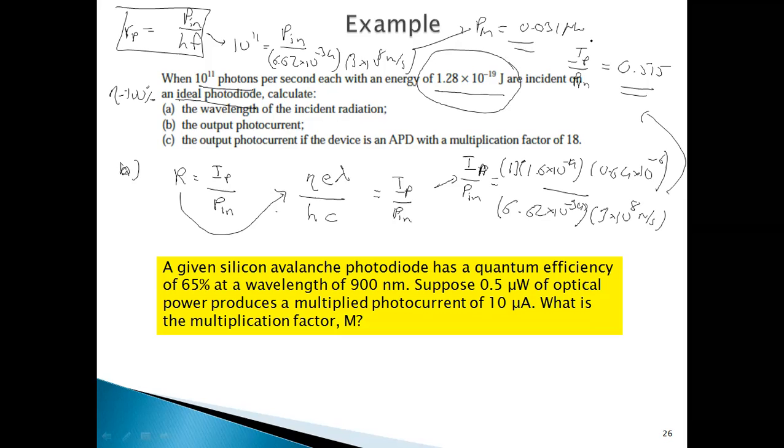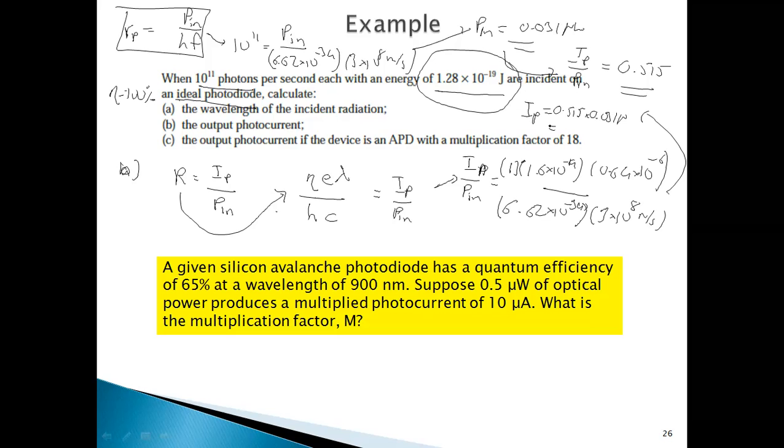When we substitute this input optical power, P in, into this equation, the output photocurrent IP shall be equal to 0.515 multiplied by 0.031 micro.